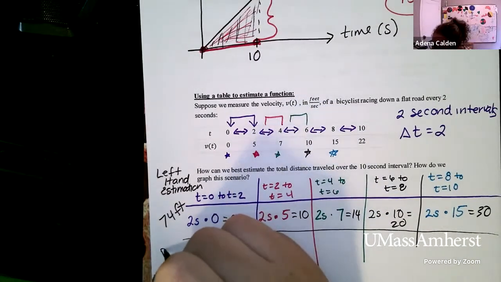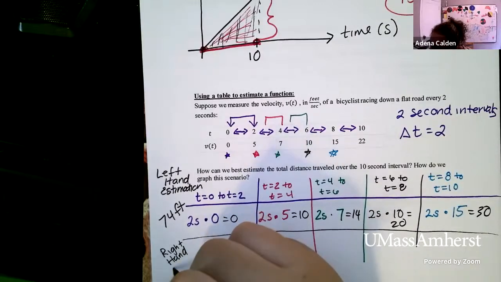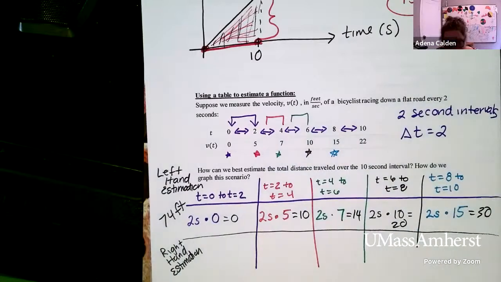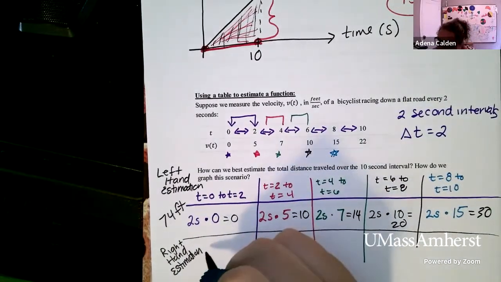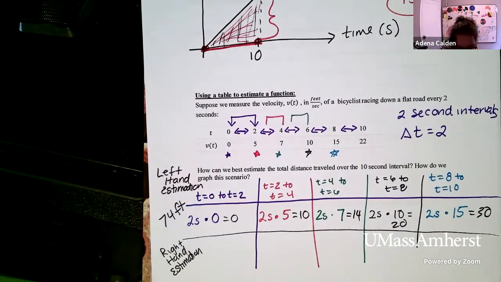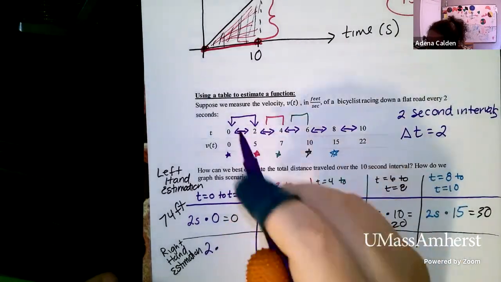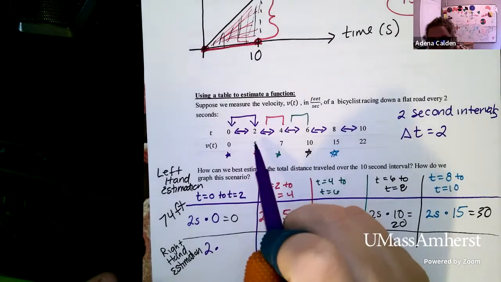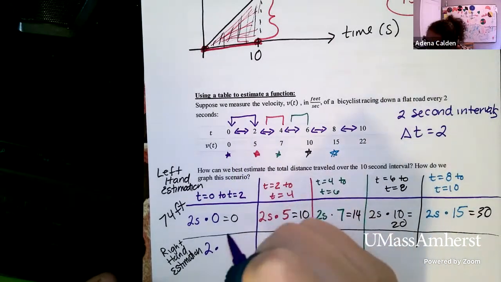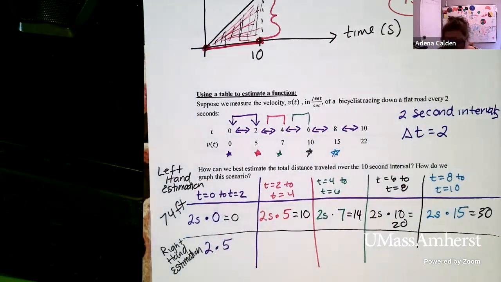So for a right-hand estimation, we're going to do the same thing, but each time we're going to pick the rate on the right, okay? Which means that for the first 2 seconds, from time equals 0 to time equals 2, we're going to pick the rate on the right. So instead of 0, we're going to pick 5.